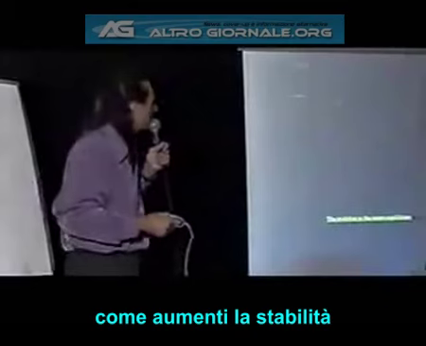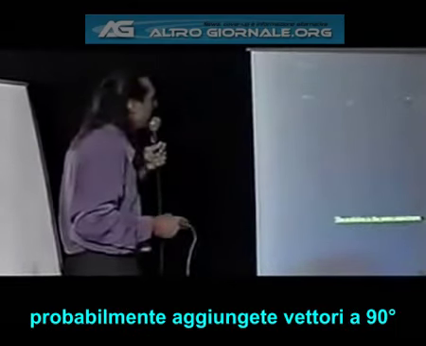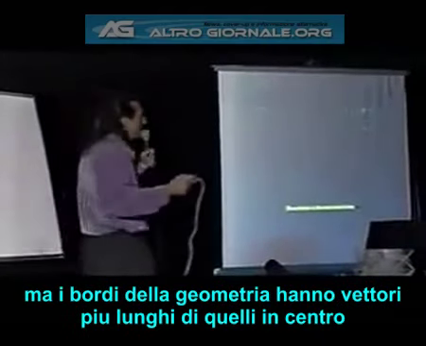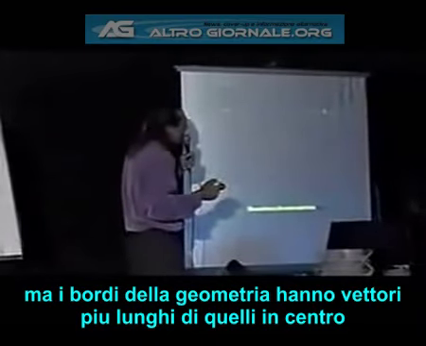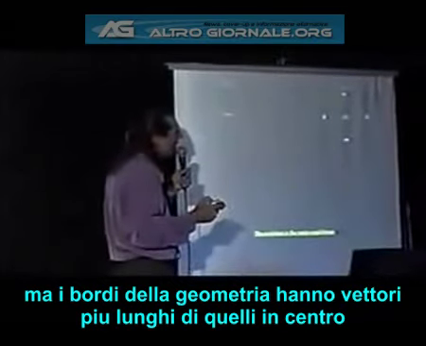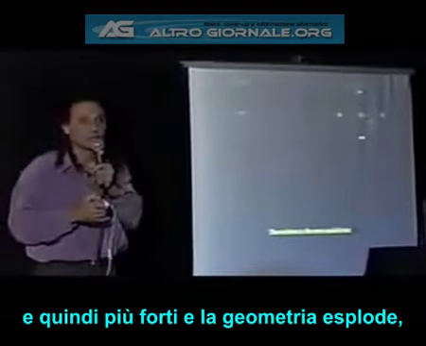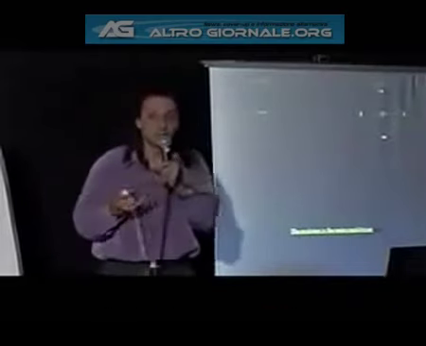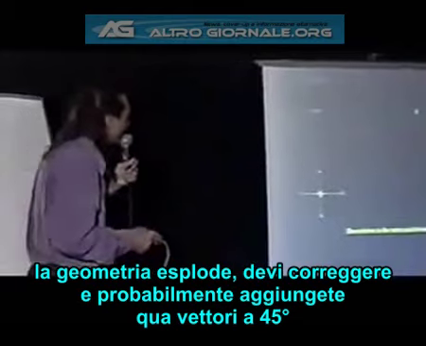So how would you increase stability? You'd probably add vectors at 90-degree angles from those. Now you increase equilibrium, right? However, the edge of your geometry has longer vectors than the vectors to the center. Because they're longer, they're stronger, and thus your geometry explodes. It doesn't work. What would you do to try to correct it?